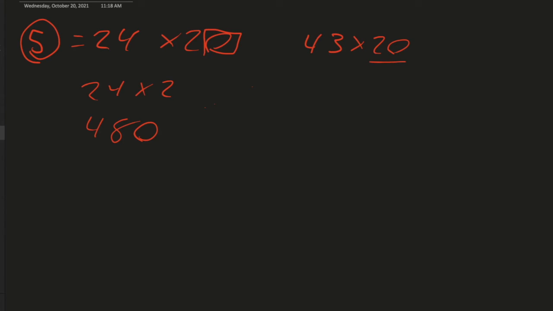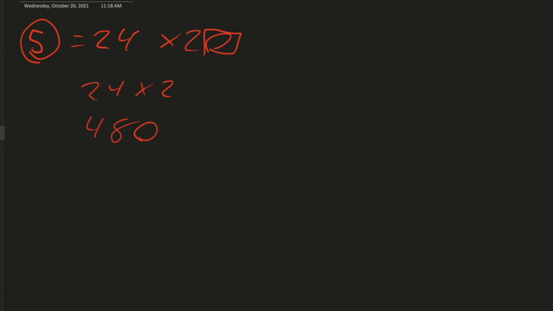So let's take a look here. 43 times 20 is just the same as 43 times 2, which will be 86. And then you just bring the 0 and you plop it there. And you can also do this with 200. You just add the 2 zeros in there. And so you can actually do pretty big math if you can round, and you can make your life a lot simpler. So that's how you times by 20.